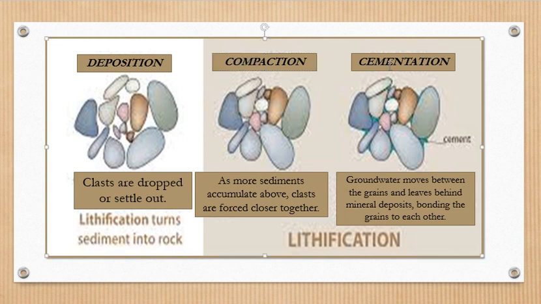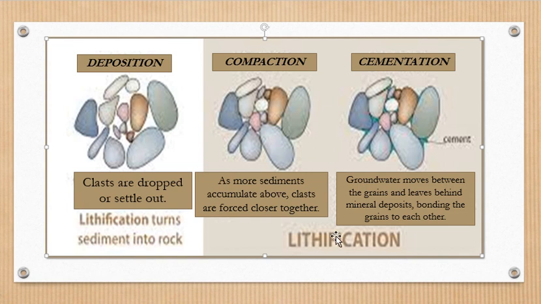Next, we have cementation, or they will be cemented. Groundwater moves between the grains and leaves behind mineral deposits, bonding the grains to each other. So due to the force of nature, the movement of the water, the air, the wind, and other factors, they will be cemented.